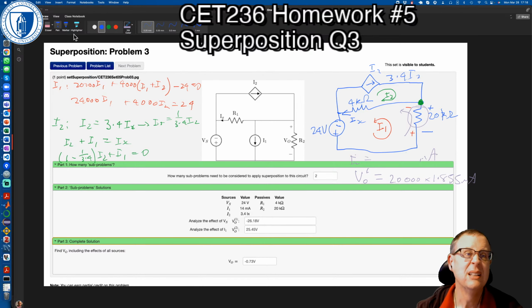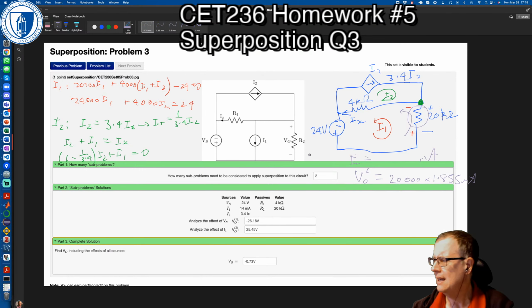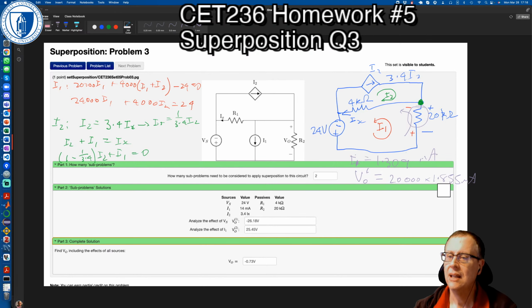So our current I1 is 1.309 milliamps, and our output voltage is actually minus 1.309 milliamps times 20,000. So that's where we get into a bit of trouble.